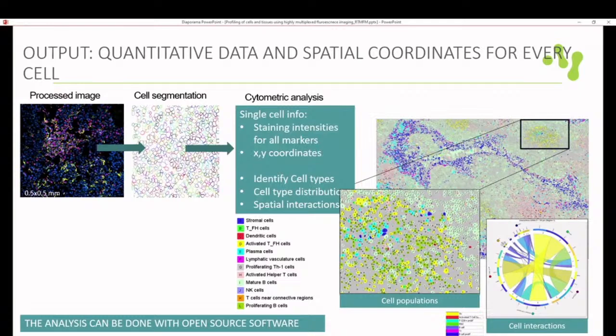Once you have all of these intensity measurements, you can use those signals to define cutoffs and then define your different cell types using one or a combination of these markers. Then you can look at where these different cells are distributed in your tissue to look at cell interactions, for example, what cell types are close to each other and seem to interact. There is a lot of analysis one can do with this amount of data.